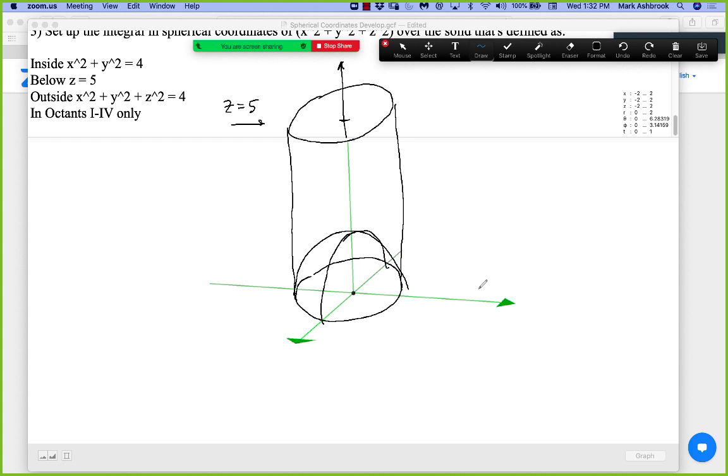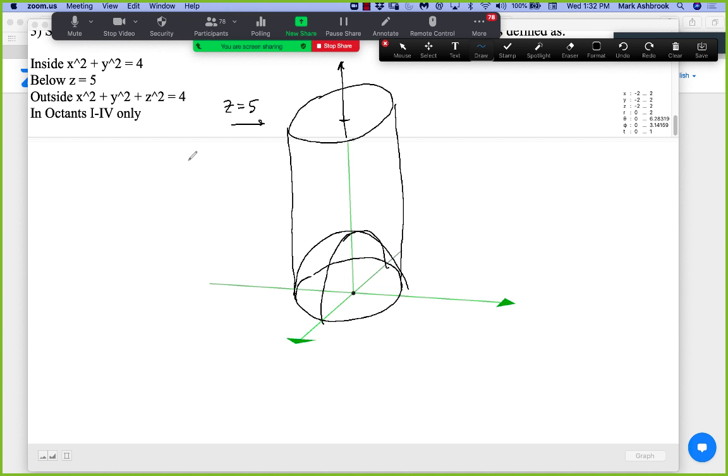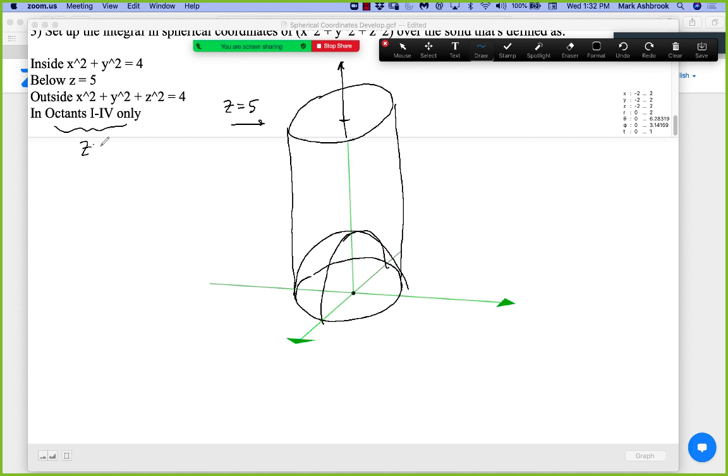If it's inside the cylinder and outside the sphere, and octants 1 through 4 means z is greater than 0, so it means up here. Do you see what the solid is? It's inside the cylinder, below the plane, and outside that sphere.